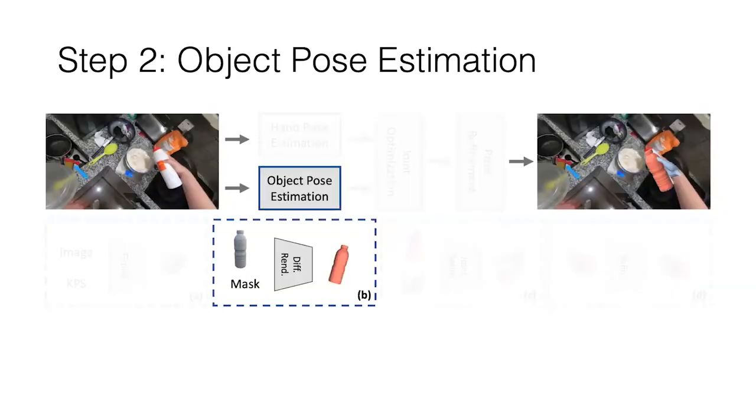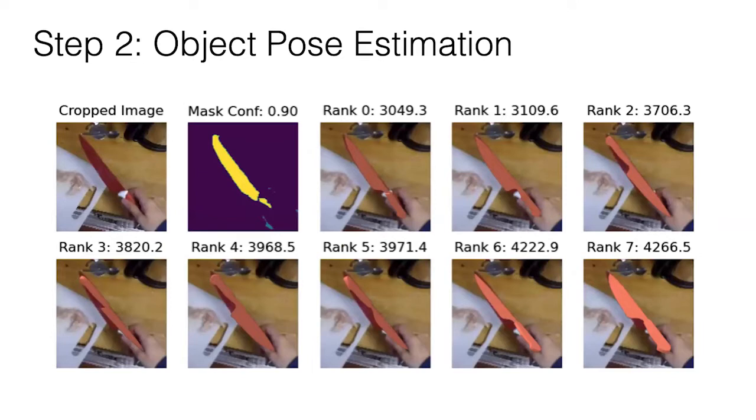Next, we want to get the object pose estimation. For this part, we found that just optimizing the 3D pose of the object using differentiable rendering works really well. We assume that we know what the best CAD models are, although we could search for the best one.